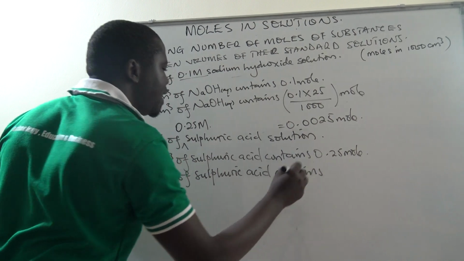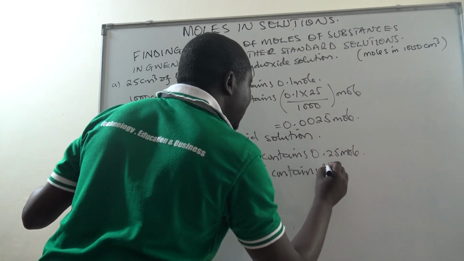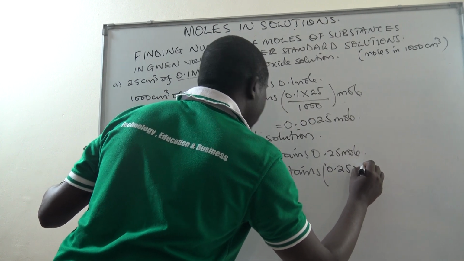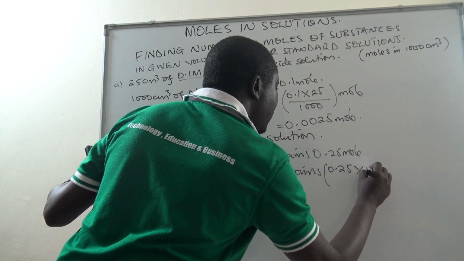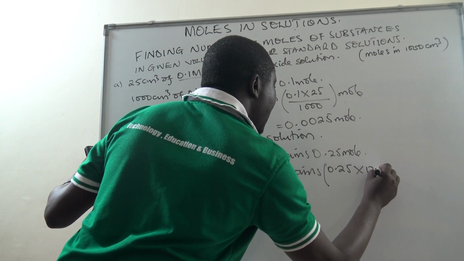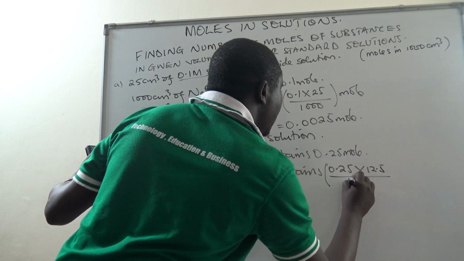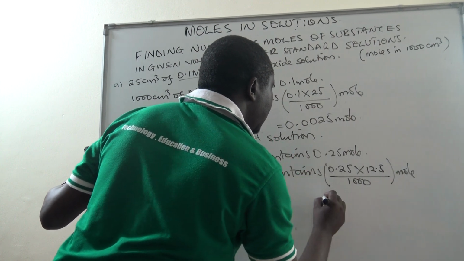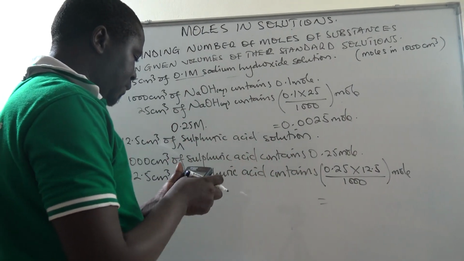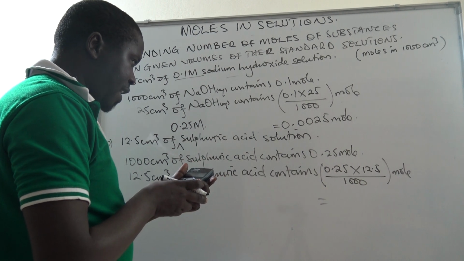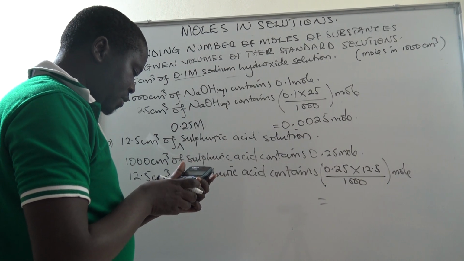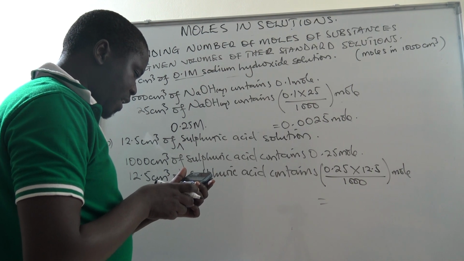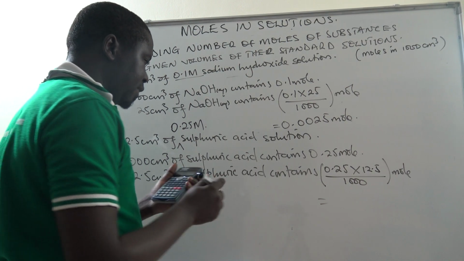So it contains, we cross multiply 0.25 times 12.5, we divide by 1,000 mole. And what do we get? So it is 0.25 times 12.5, and we divide by 1,000.